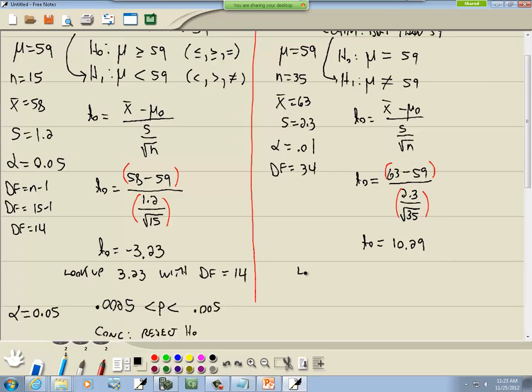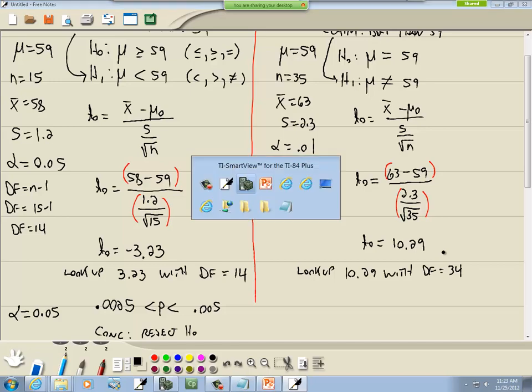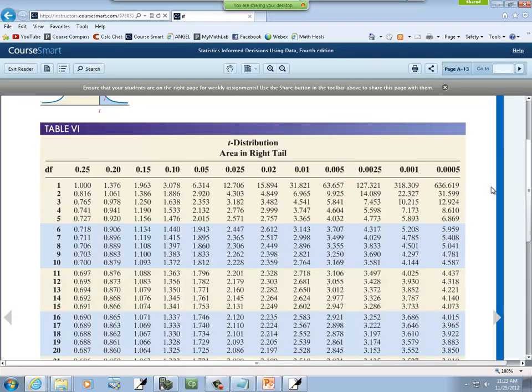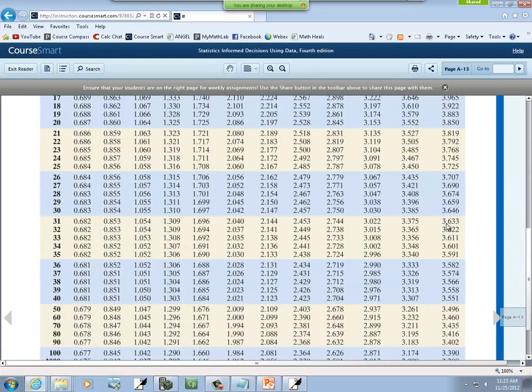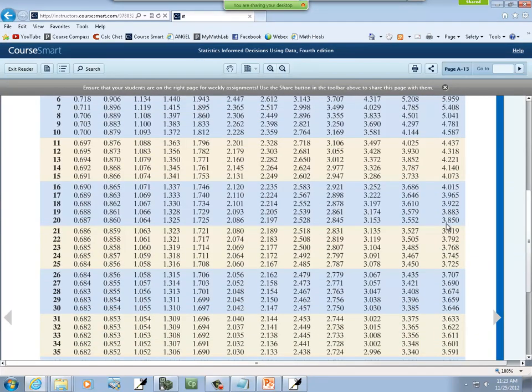So we're going to look up 10.29 with a degree of freedom of 34. Let's see what we get. 34 will be right down here.